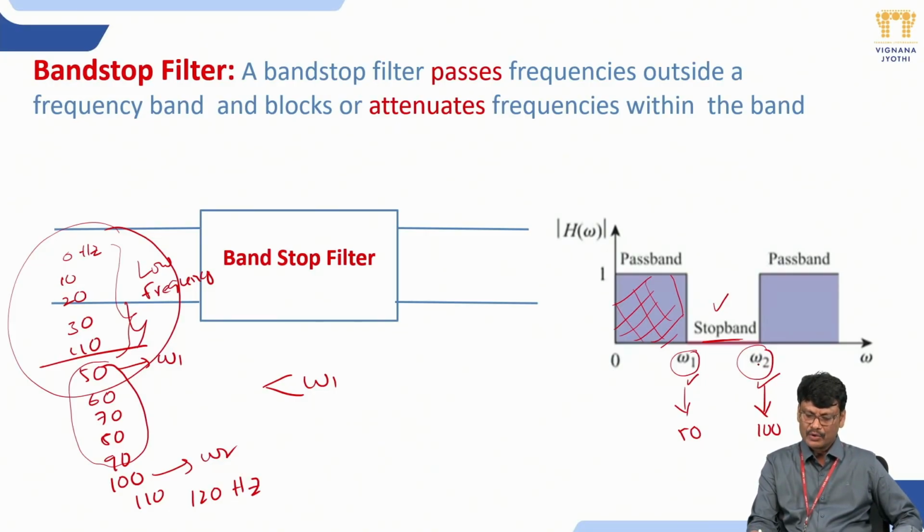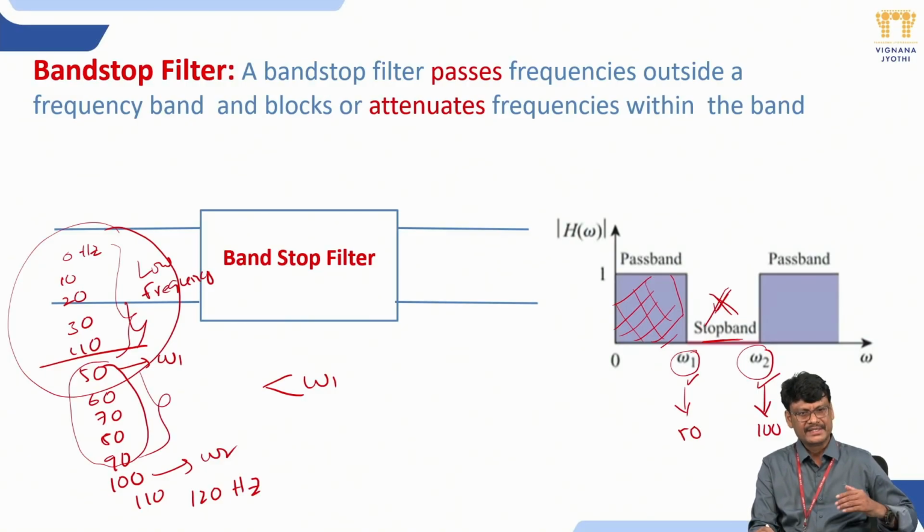So in between omega 1 and omega 2, the signals are 50, 60, 70, 80, 90, 100. These signals come under the band between omega 1 and omega 2. Now the band stop filter does not allow the signal. It blocks or rejects the signal passing. That is why stop band is there. So this is happening in between omega 1 and omega 2, and let us see what is happening after omega 2.